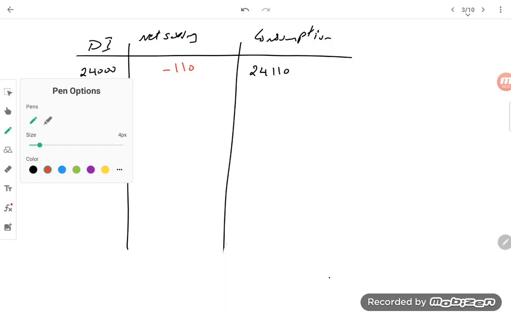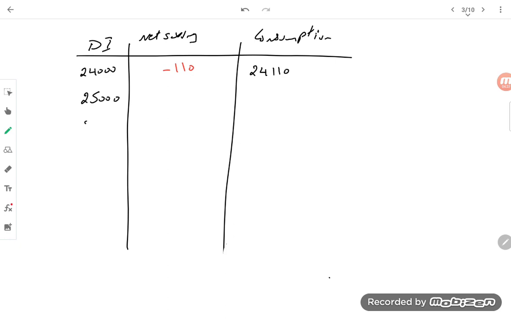Case number 2. If you know that your disposable income is 25,000 and your consumption is 25,000, in this case your savings will be 0.